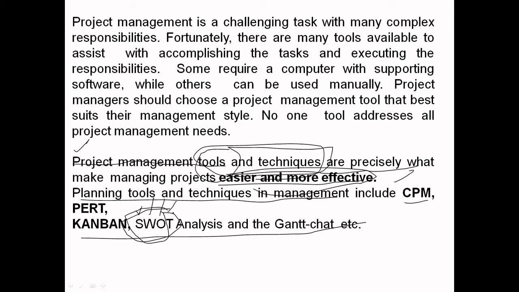Once you have a grip on SWOT analysis, it is possible to go to the next level very fast. Please remember that. It's possible for you to go faster to the next levels, and if you want to get promotions in software development, you must have a grip on SWOT analysis. At the student level, if you have a grip, it is very easy for you to go into the industry, and once there you can go to the next levels.